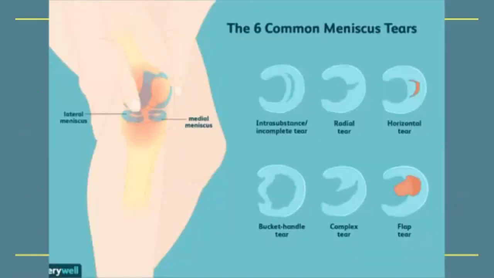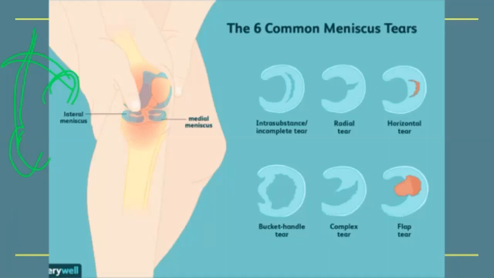Coming to the menisci, we have covered the cruciate ligaments. Now we will cover the menisci. Menisci can develop rupture tears.